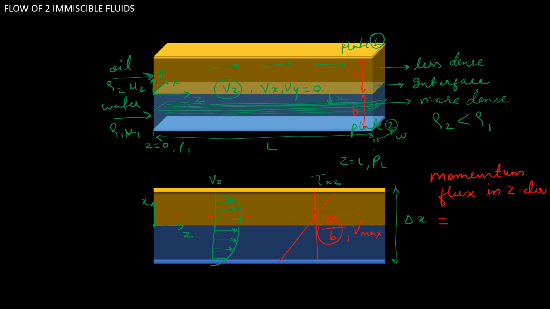So momentum flux in z direction is WL, width into length.